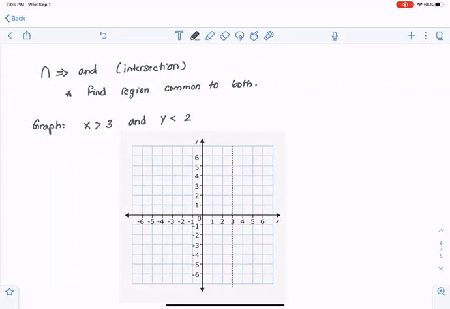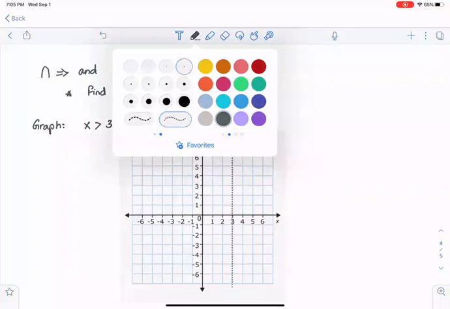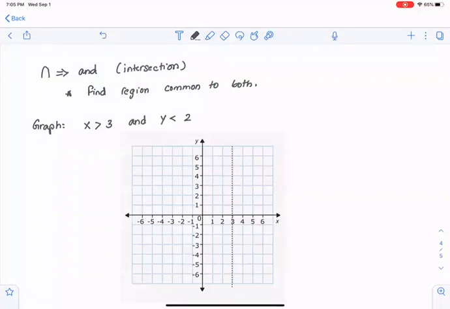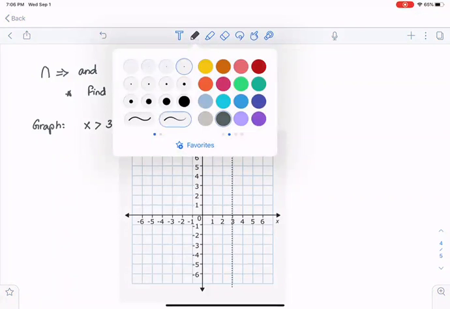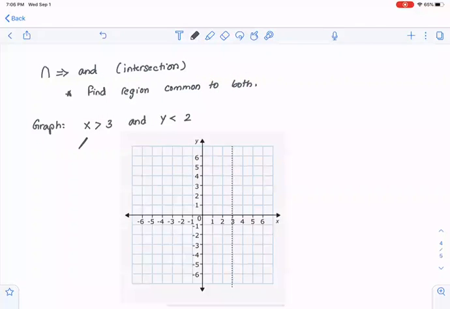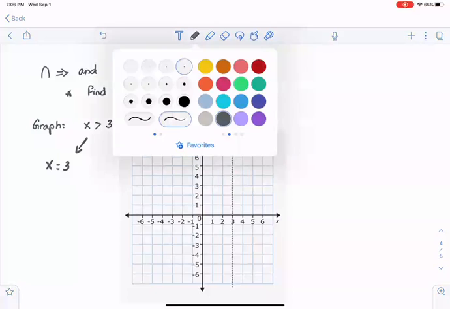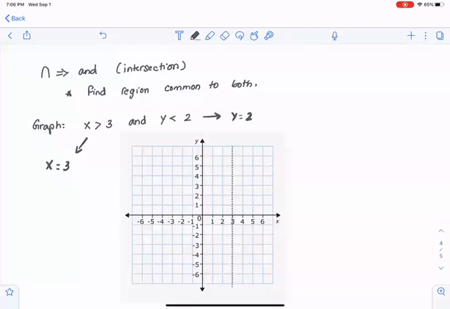And y less than 2. So you should recall that the line that corresponds to x greater than 3 is x equal to 3. And the line that corresponds to y less than 2 is y equal to 2.